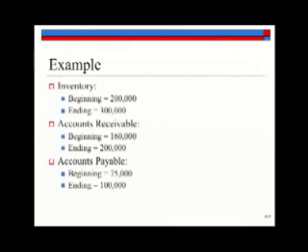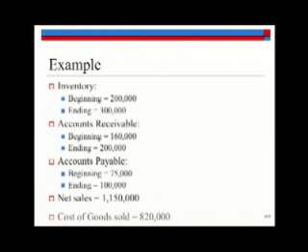And the accounts payable has a beginning balance of 75,000, ending balance of $100,000. We have net sales during the period of 1,150,000, and we have cost of goods sold for those sales of 820,000. Now, using those numbers, we can calculate the receivables turnover, days receivables outstanding, the days of inventory outstanding, and the payable turnover period.